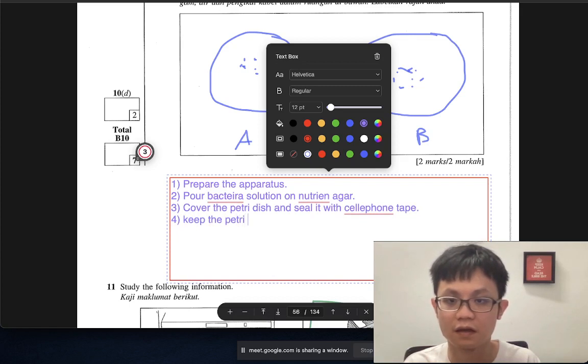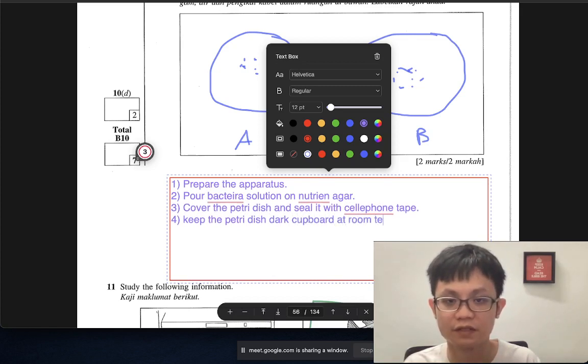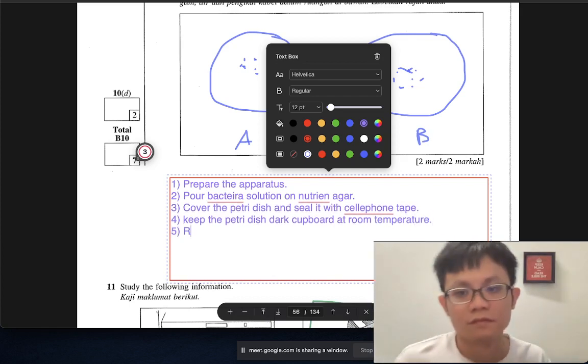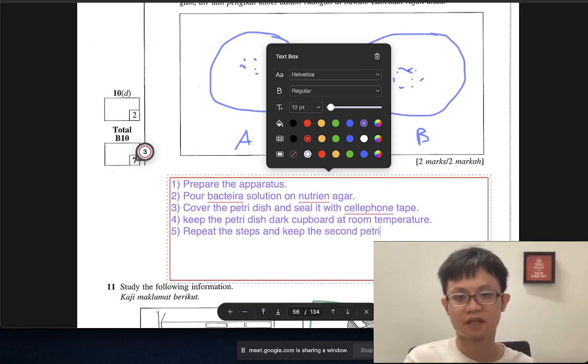Then keep the petri dish in a dark cupboard at room temperature. Okay. Then repeat the step and keep the second petri dish in the refrigerator.